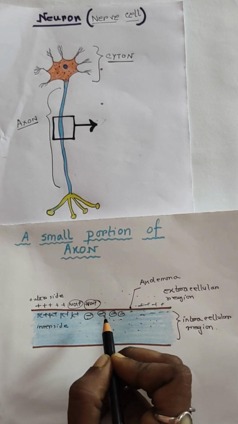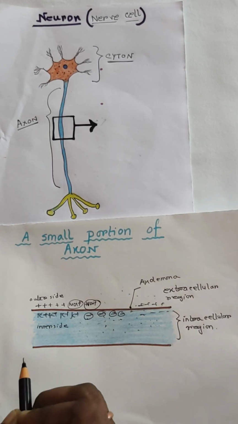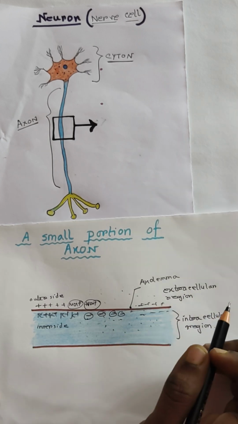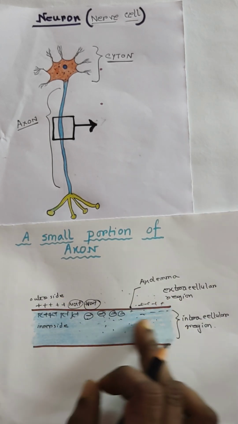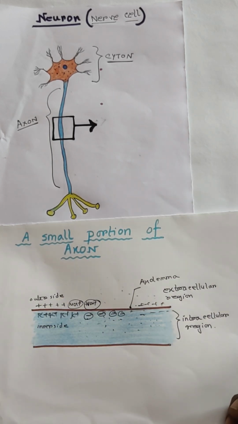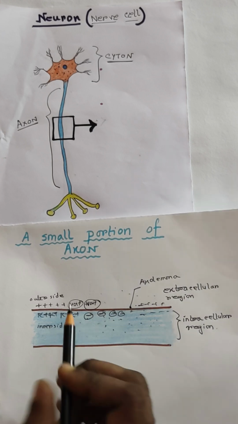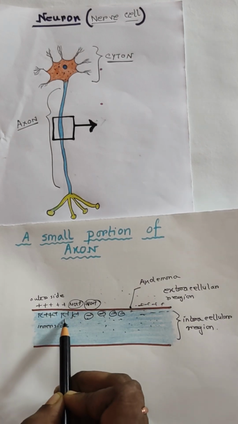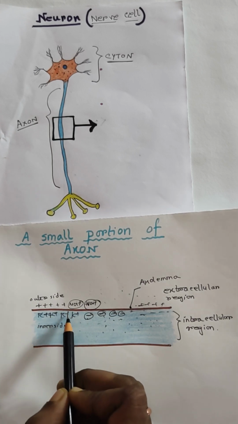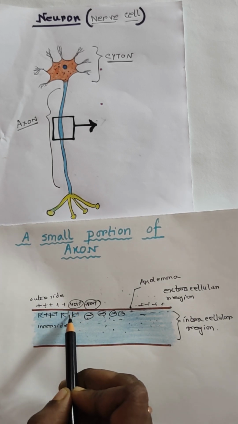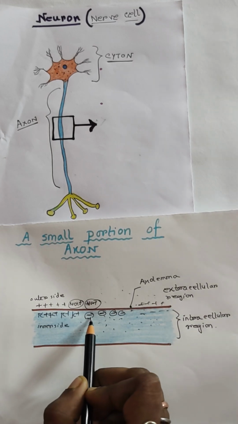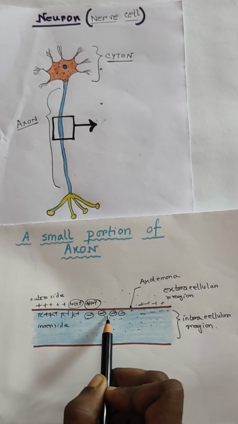All the events I am telling you are in resting stage, in normal condition. In resting stage, a nerve has this type of charge separation. At the outer side there are sodium ions, at the inner side there are potassium ions. Both regions have positive ions, but the inner side shows negativity because of the negatively charged protein molecules.